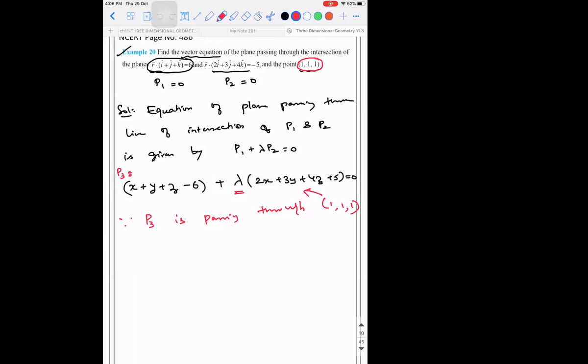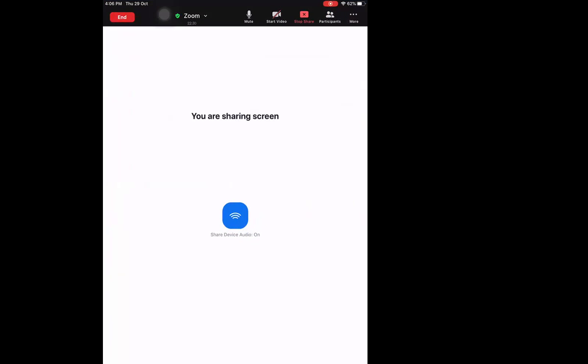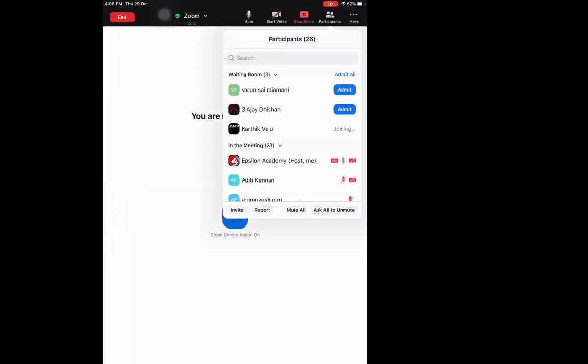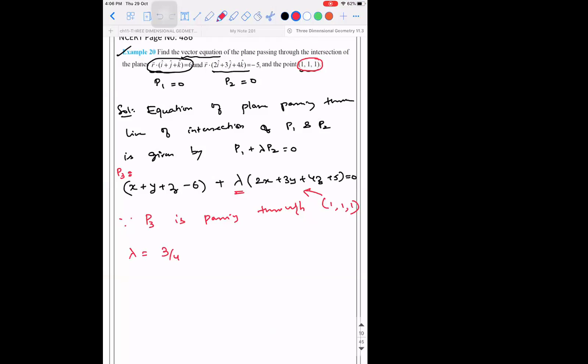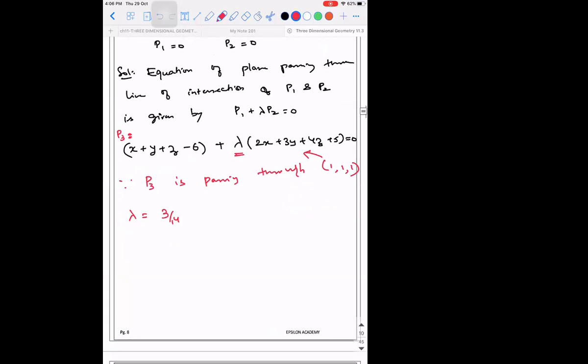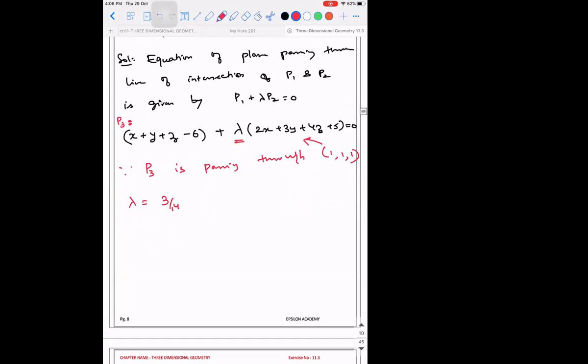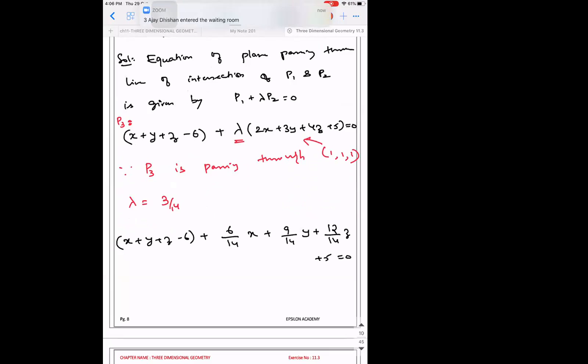3 by 14, right? Yes, sir. So when you substitute 3 by 14 there, what will you get? You will get the equation of plane as x plus y plus z minus 6 plus 6 by 14x plus 9 by 14y plus 12 by 14z plus 15 by 14 is equal to 0.